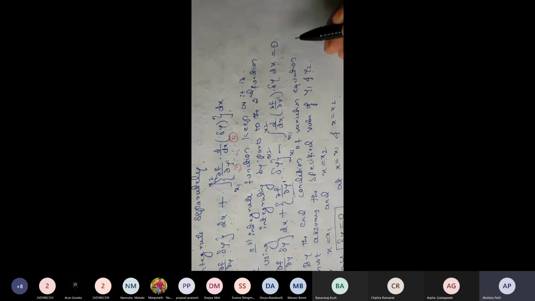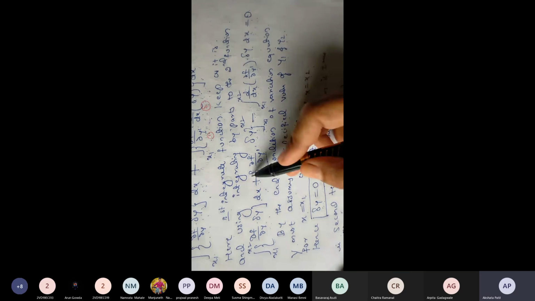Now by the end conditions of the variation equation, y must assume the specified values y1 and y2 for x equals x1 and x equals x2, that means delta y equals 0 at x equals x1 and x equals x2.